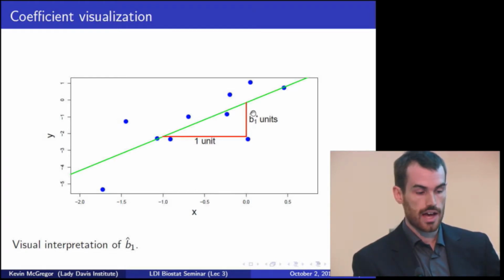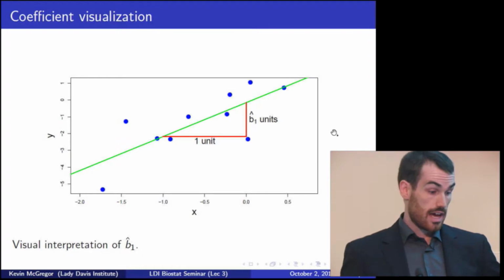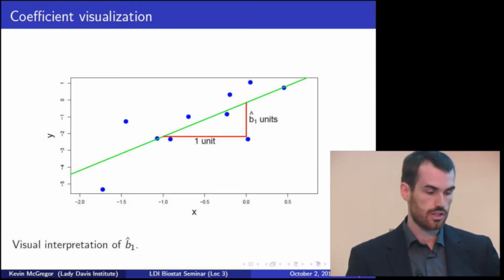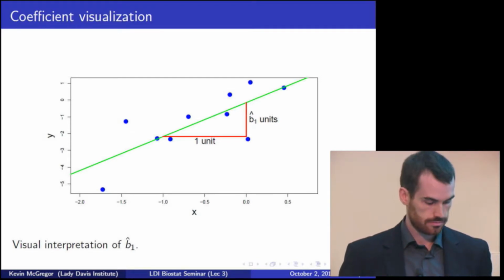And so that would mean that our estimated change in y variable is B1 hat units. So this gives us a very nice interpretation. It's very, very intuitive. It's sort of this rate of change in y with respect to our x variable.